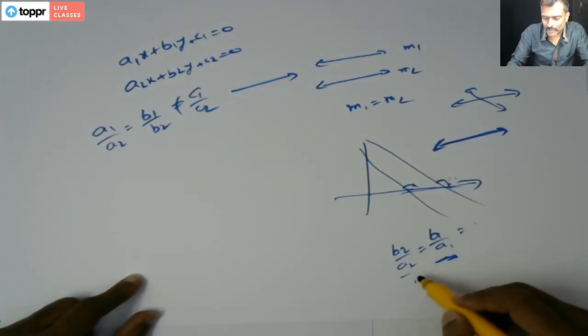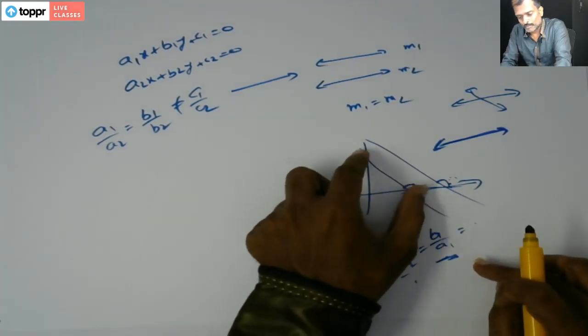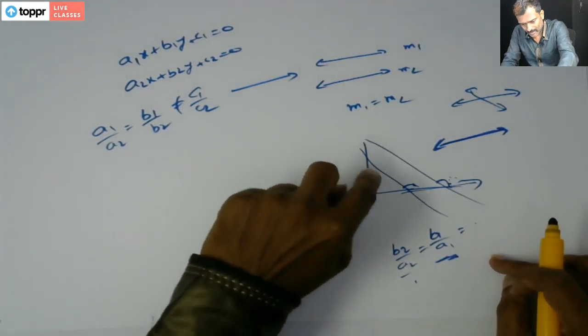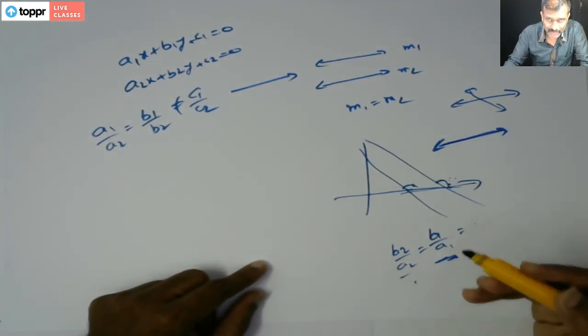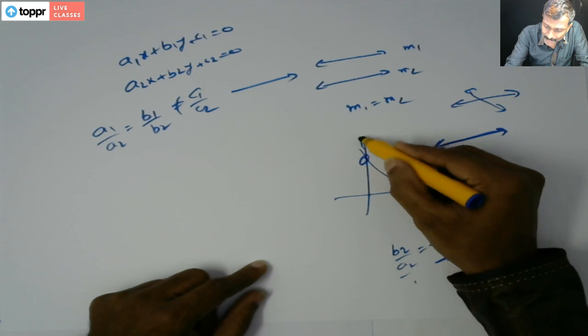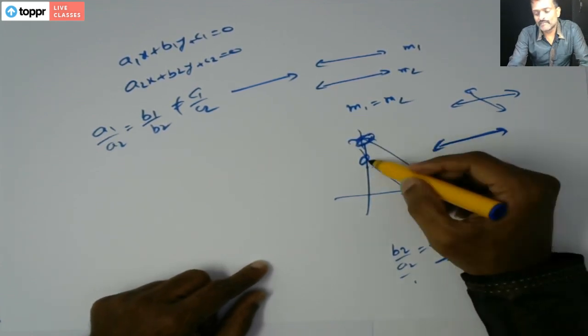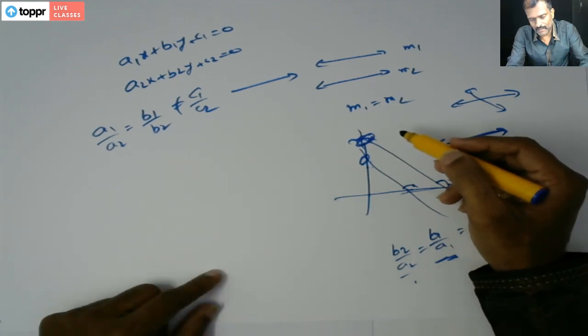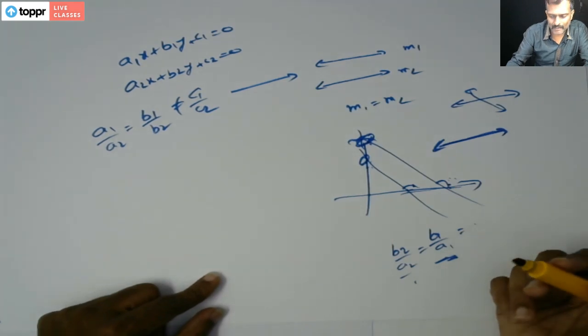These slopes are equal, that means when you say b2 by a2 is equal to b1 by a1, the slopes of these two lines are equal, right? Because these are the intercepts. We are saying slopes are equal, but at the same time the y-intercepts are not equal. If the y-intercepts are equal, then it's a different story, we'll talk about that. So these two are not equal, that means these are parallel.